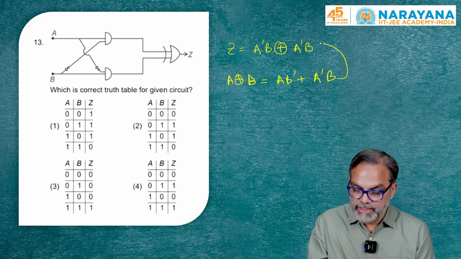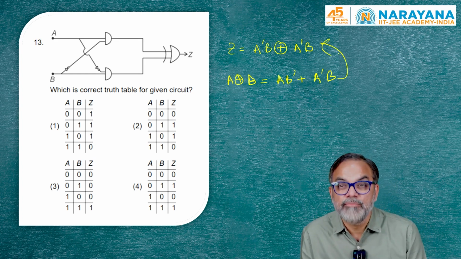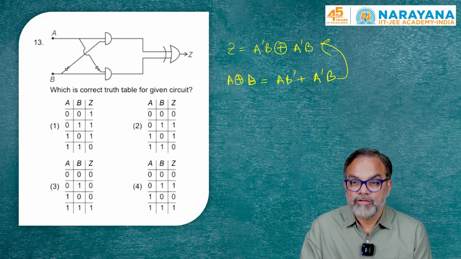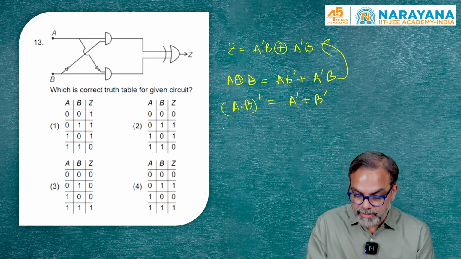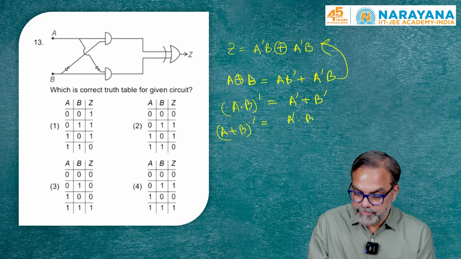So if I use it over here and I use De Morgan's law, I hope all of you are familiar with the two versions of De Morgan's law. So (A B) complement is equal to A complement plus B complement, and similarly (A plus B) complement will be equal to A complement B complement.